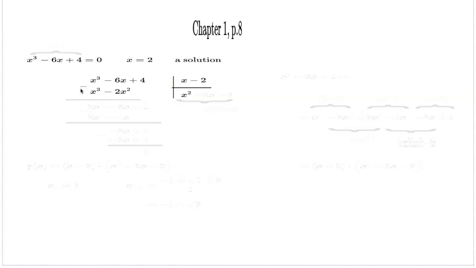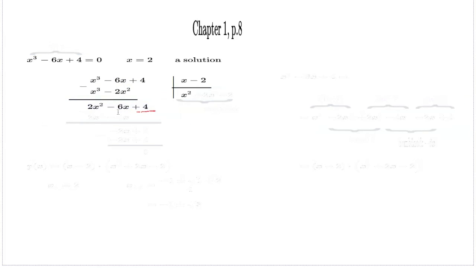And then you subtract this result of this multiplication from your original polynomial. The result of this subtraction, clearly x cubed is gone. This x squared is not present here, so the difference will give you something like this: 2x squared for this, negative 6x from the top, and plus 4 is here.